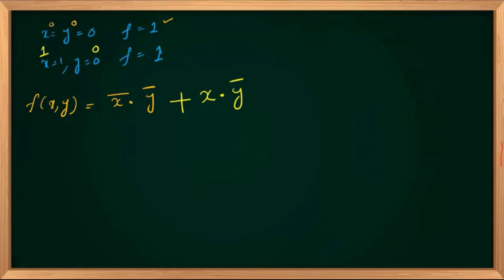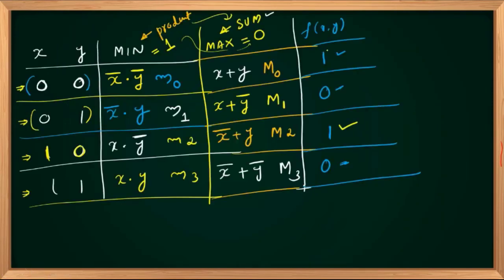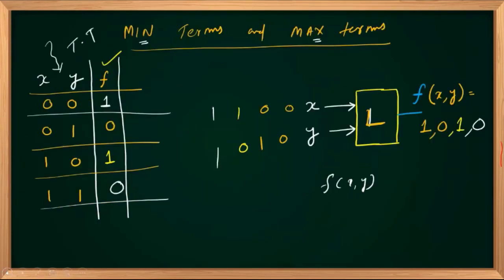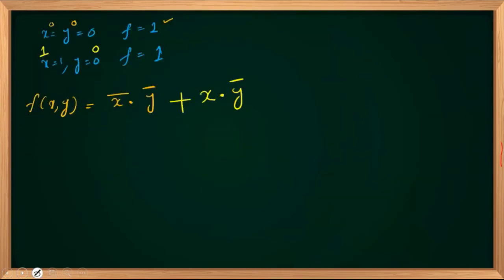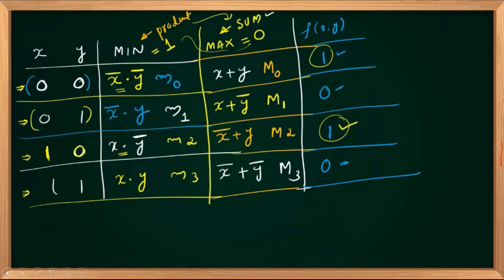So there are only two cases at which f equals 1: x bar dot y bar and x dot y bar. Which minterm corresponds to x bar dot y bar? That is m0.